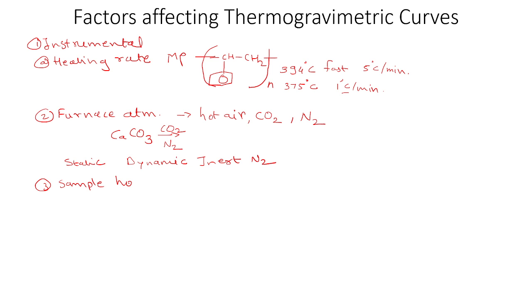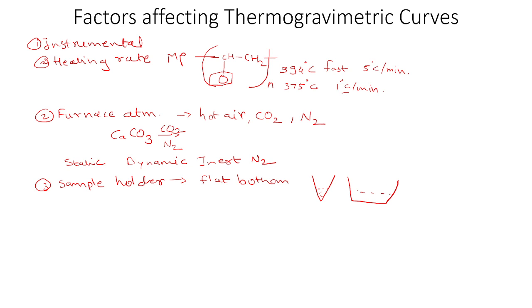Then the next instrumental error is the sample holder. What happens to the sample holder? I told you while discussing the instrumentation of the thermobalance that it should be flat bottom. Suppose you take a triangular sample holder like this, with your sample in it.